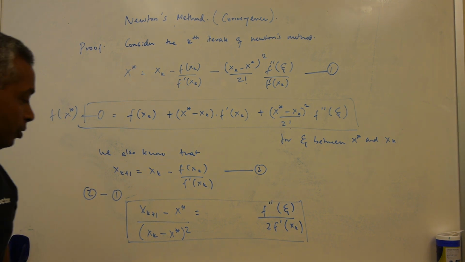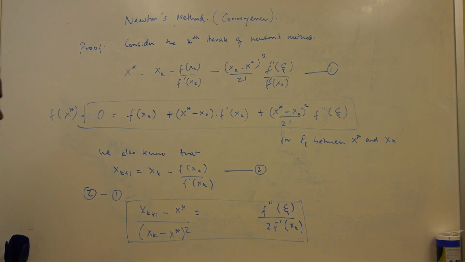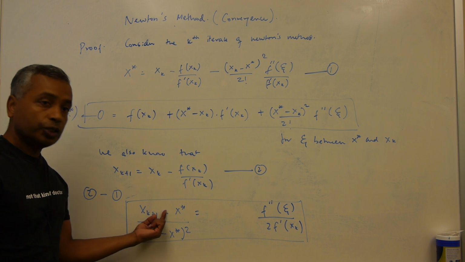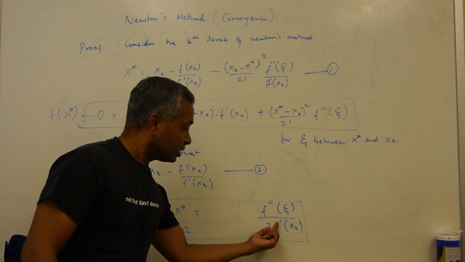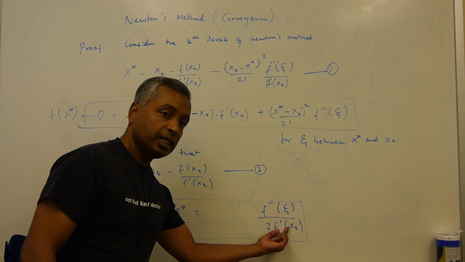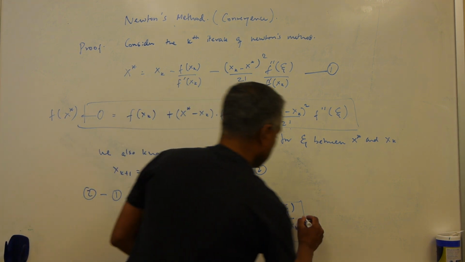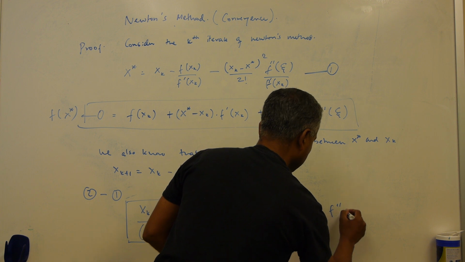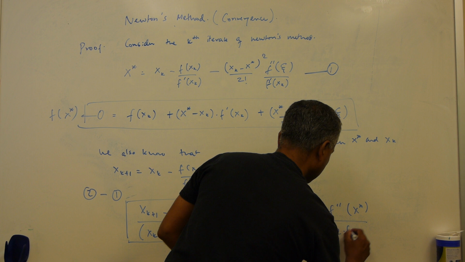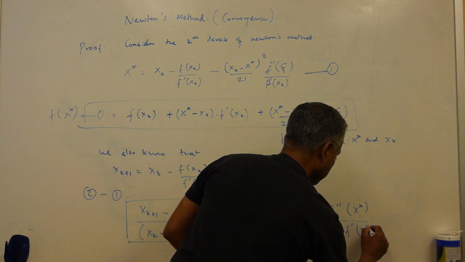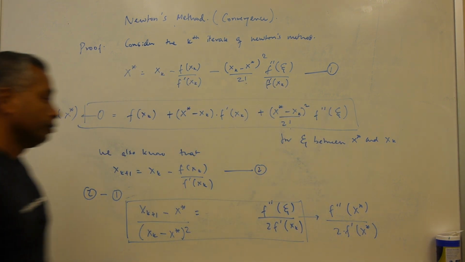All right, so what does this tell you? What this tells you is that as iterates get closer and closer to your solution, remember by continuity, all of these things, what is this tending to and what is this tending to? All of these things tend to the second derivative f double prime at the solution divided by 2 times f prime at the solution. Okay?